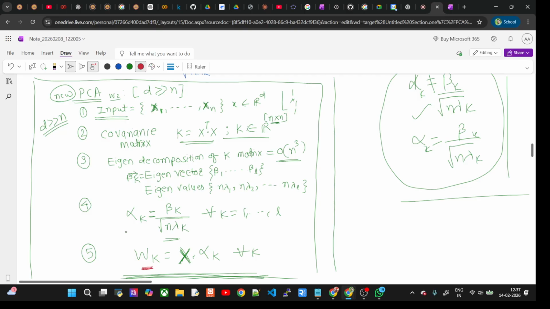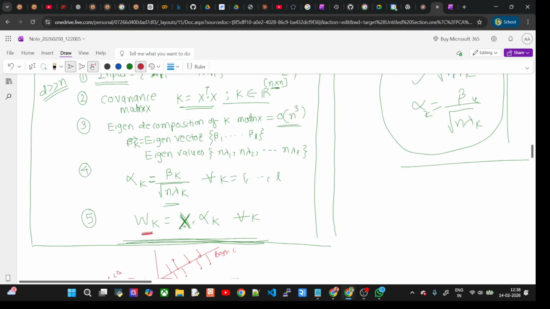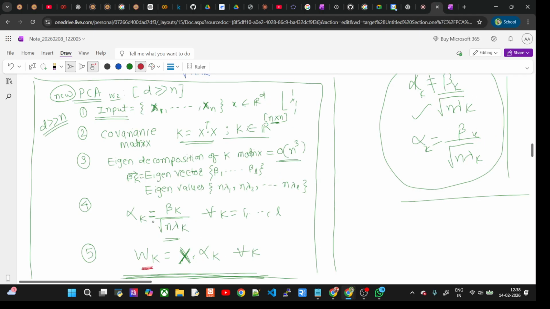Once you get beta, calculate alpha, which is beta k divided by the square root of n into lambda k, the eigenvalues of that n by n matrix, X X transpose. Once you get alpha k, multiply that with your actual data set to get the final eigenvectors. This is the solution of your issue 1.